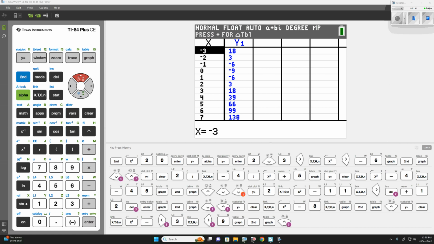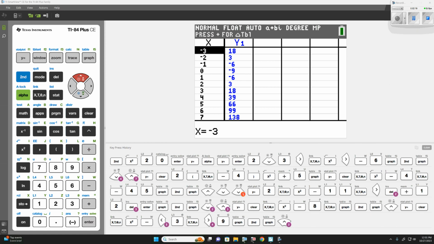So this is note sheet 3-3, the graph of 3x squared minus 9. -9 is the y-intercept.